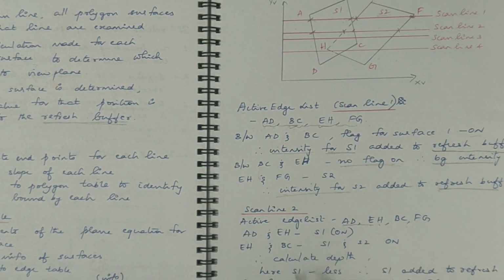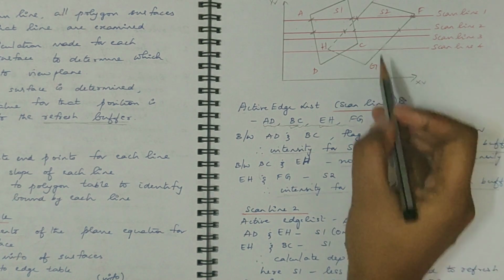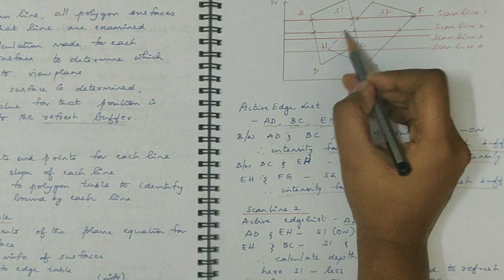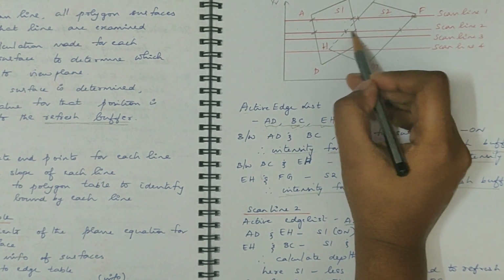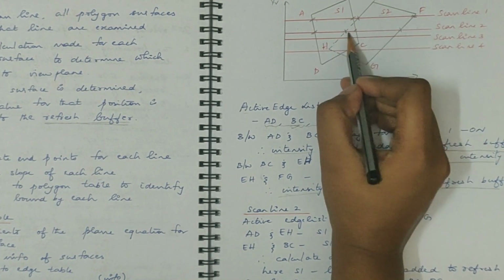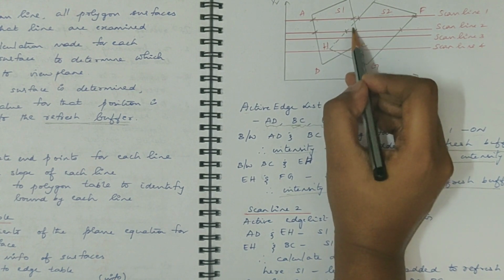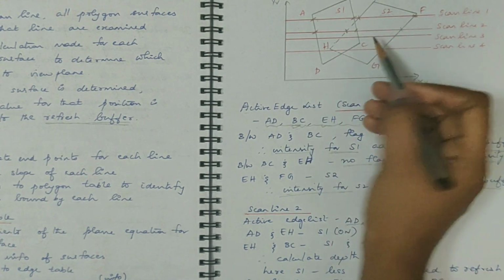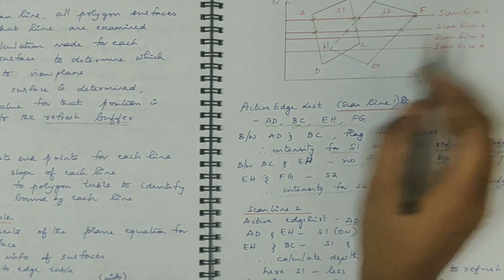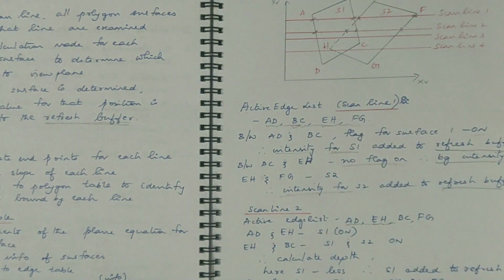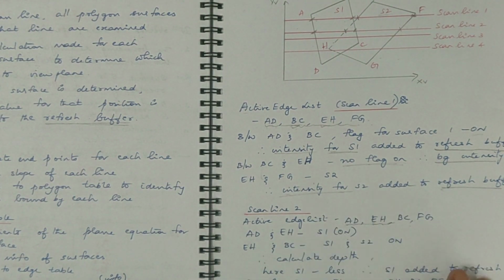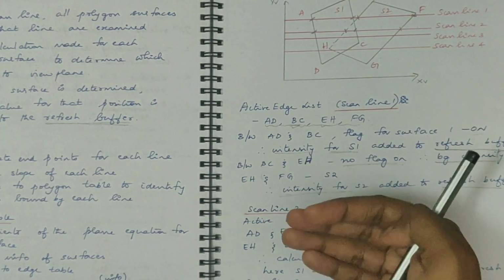And then next is between EH and BC. Here you can see that for this part you have S1 as well as S2. Two surfaces are being overlapped in these pixel positions. When you have surface overlapping between the pixel positions, you have to calculate the depth to find out which surface is near to the view plane.